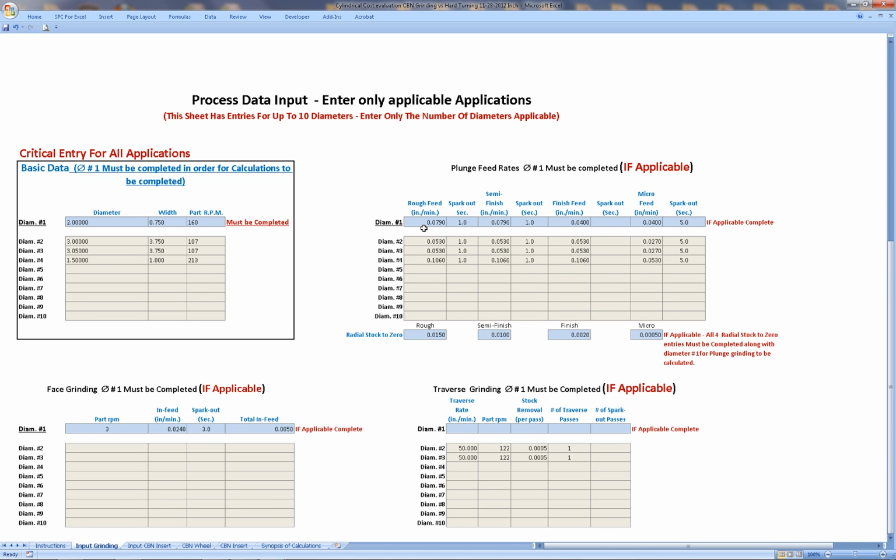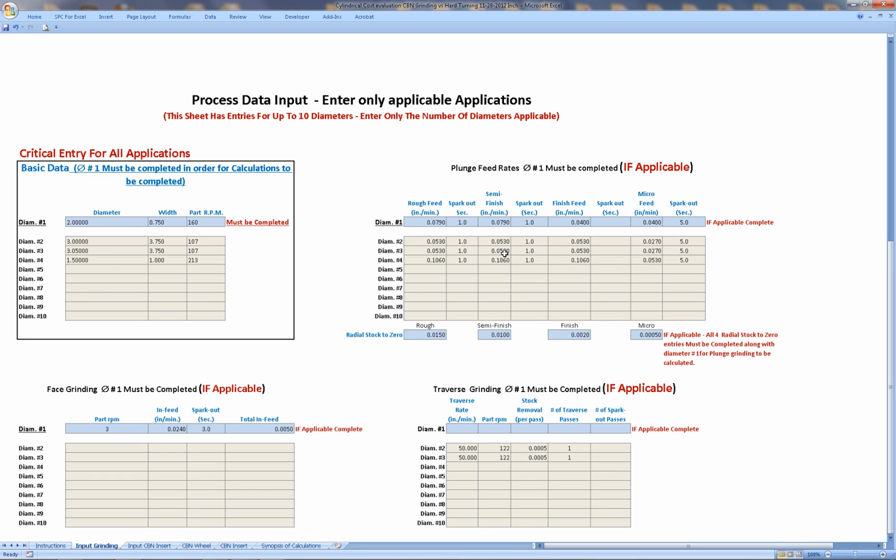I've chosen the in-feeds for each diameter. As you can see, the first rough will be at 79 thousandths for the diameter 1, and so forth as we go down the list of diameters. And I've added a second in between the rough feed and the semi-finish feed as a spark out. You don't need to do this, and would probably not in a normal CBN process, but I did add it for a reason.